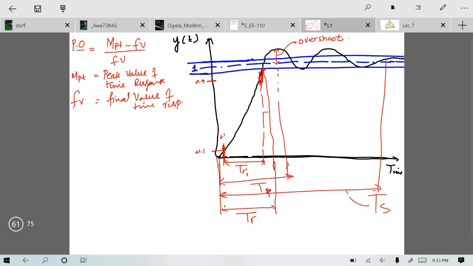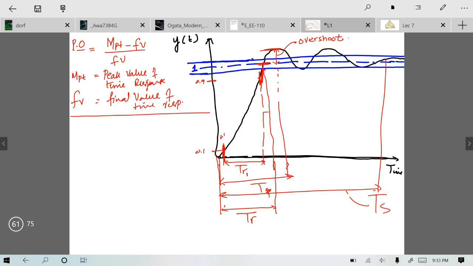So MPT is the peak value, which is this, and the final value is this. So MPT minus FV over FV is the percentage overshoot. After percentage overshoot, let's discuss the settling time.